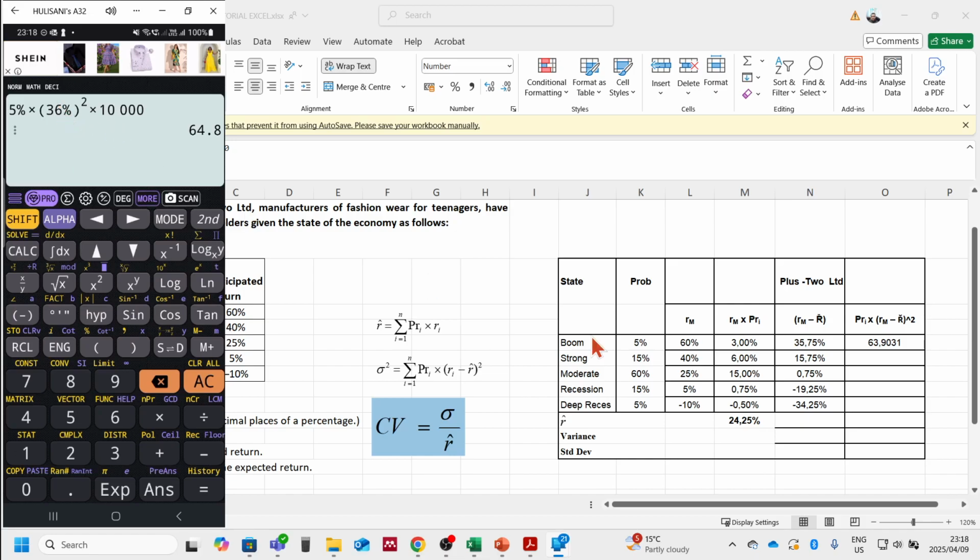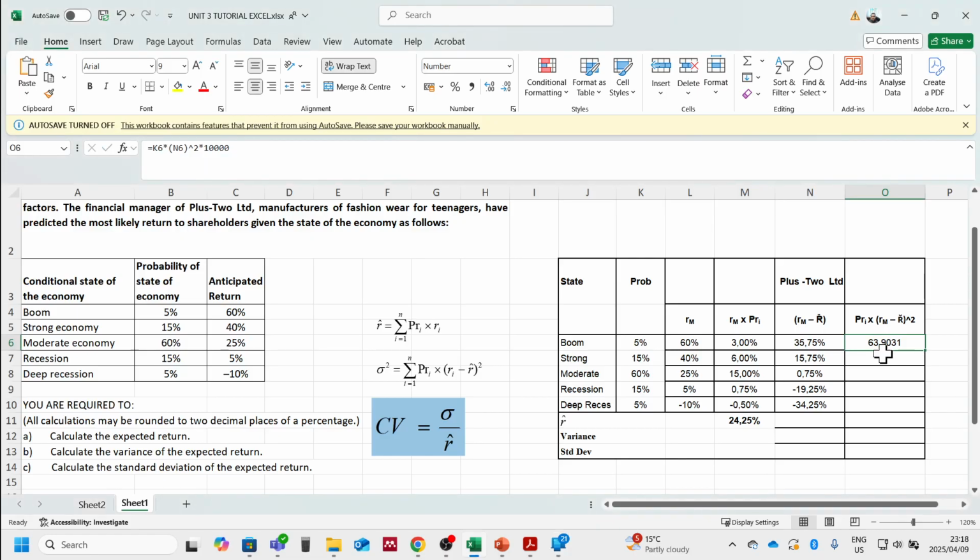Here I'm saying 36% because I'm rounding off the 35.75. However, you will not be required to round off like this. You will be required to round off to two or four decimals, so please make sure you normally use two to four decimals in this activity so that you can get a great answer. So over here, we then have a variance of 63.90.